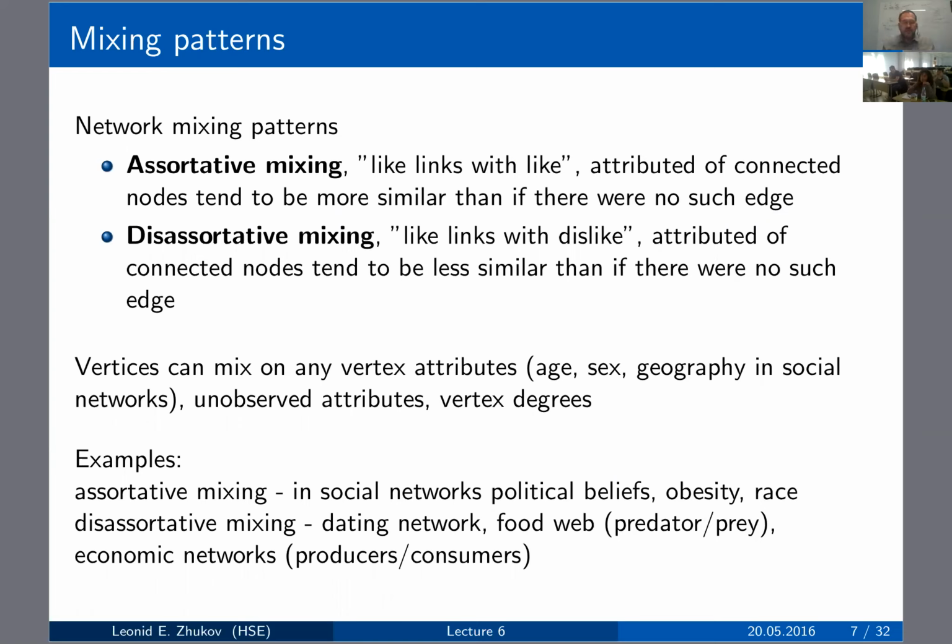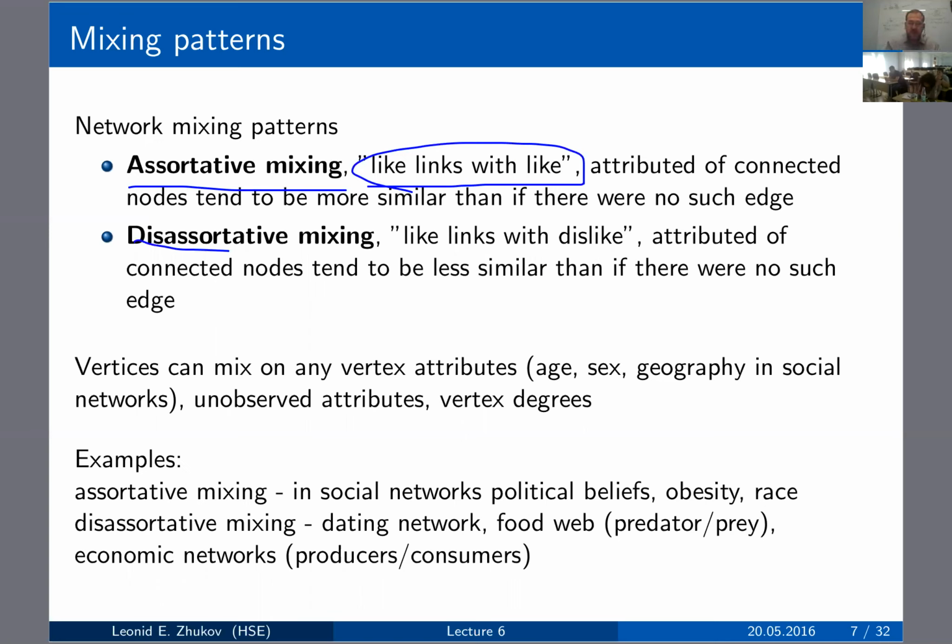Within social network analysis, we define two types of mixing patterns. One is called assortative mixing, and assortative mixing means like links with like, right? So when you look at two nodes, if their attributes are similar, then there is a higher chance that they're connected than not, okay?